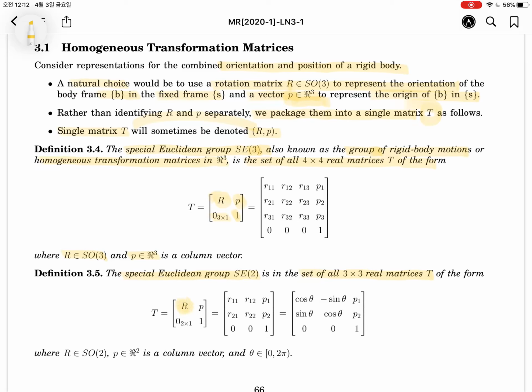So the rotation matrix will be 2 by 2, and the position vector will be 2 by 1. So 2 zeros are required, and 1 will be added to make the 3 by 3 matrix. Maybe you are familiar with this kind of rotation matrix from high school.